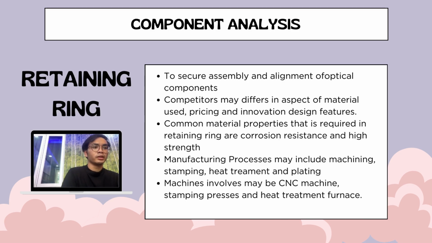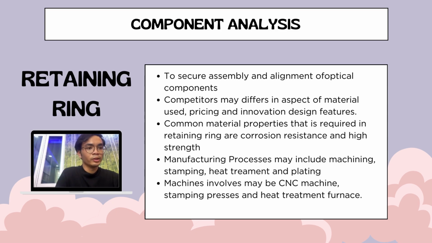The competitors may differ in materials used, pricing, and innovation in design features. Common materials for this part are required to be corrosion resistant and have high strength. The manufacturing process for the retaining ring usually may include machining, stamping, heat treatment, and plating.